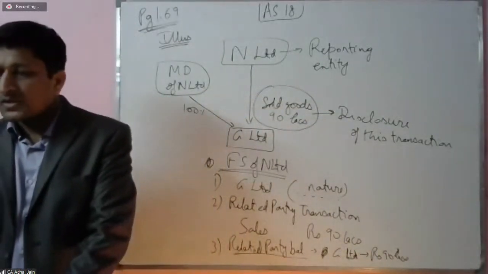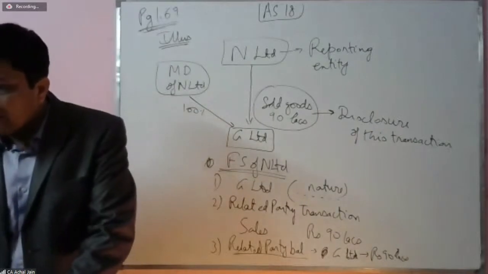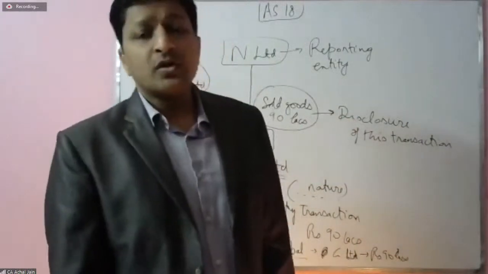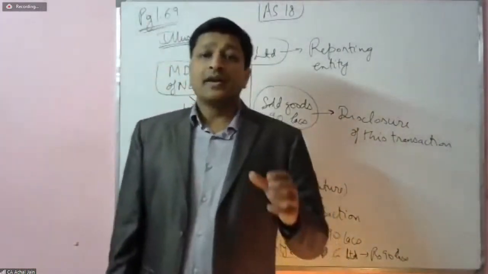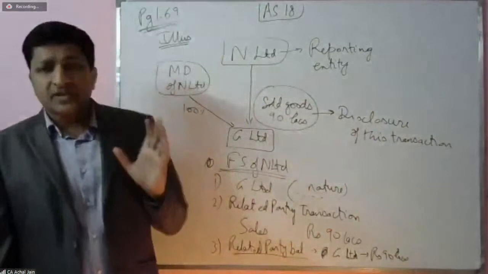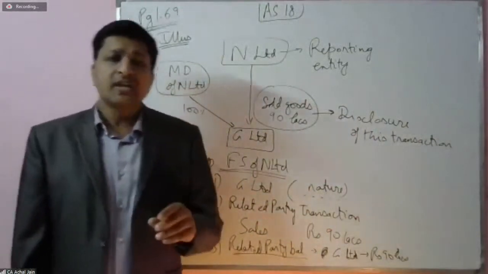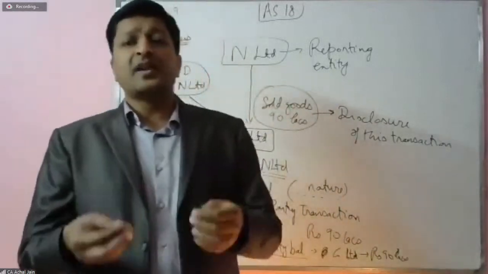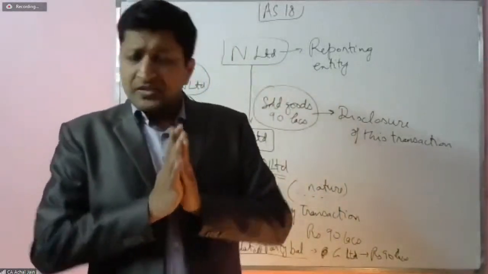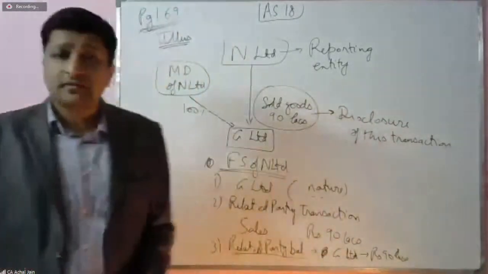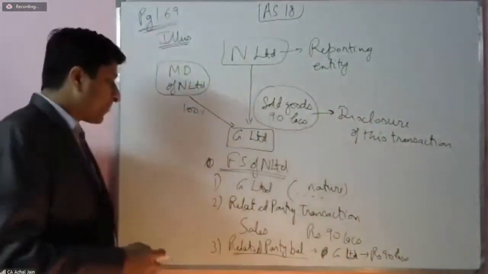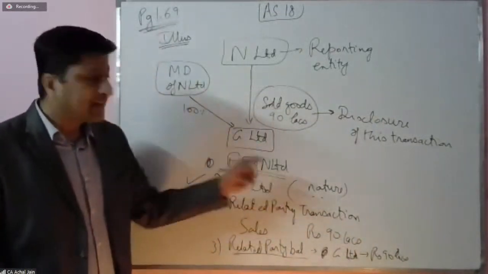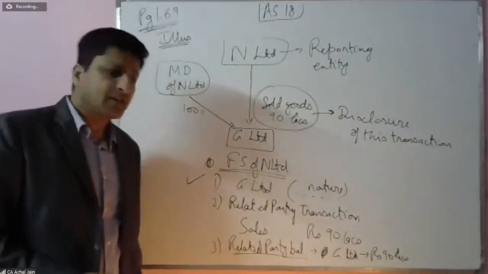And Sanchita was asking, can you repeat the last part of wherever control exists and where only transactions take place? So the last part was wherever control exists, in such a case, irrespective of whether the transaction has taken place or not, means no transaction has taken place during the day, irrespective of that, this disclosure, name of the related party and the nature of the relationship, will be given.